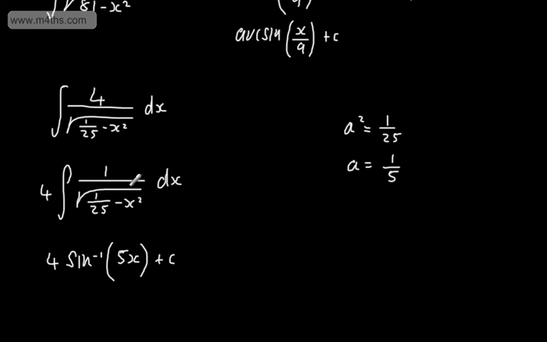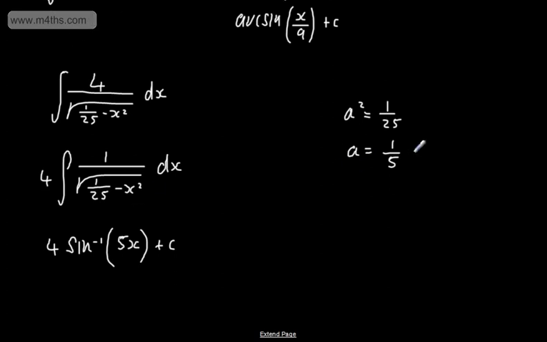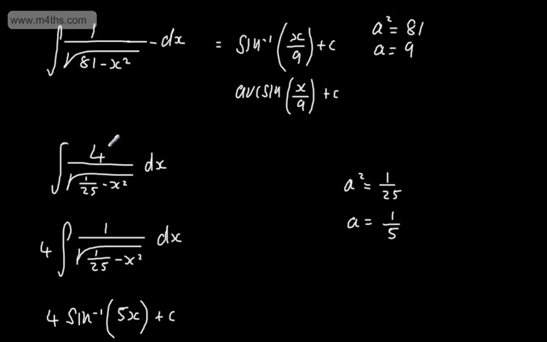So all I've done is taken this, I've fitted it now into the formula given in the formula book and simply plugged in a to write it as 4 lots of the inverse sine of 5x plus a constant, or if you like, you could write 4 arcsine of 5x plus c. And that gives us now the standard result after we integrate now 4 over the square root of 1/25 minus x squared with respect to x.